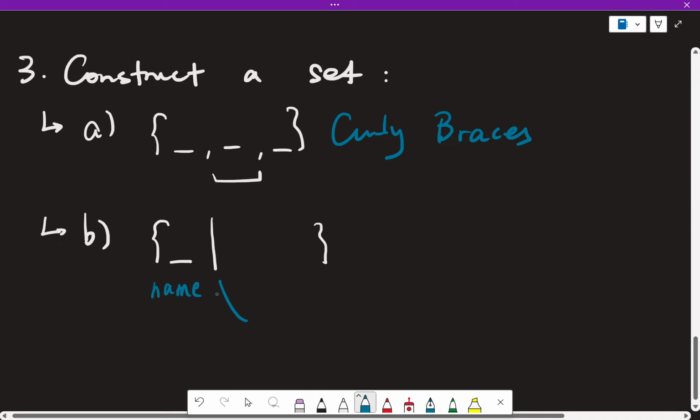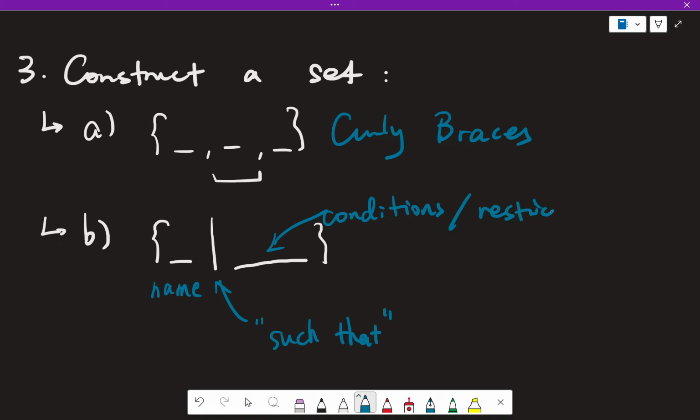The slash is called "such that", and then we put some conditions or restrictions on the variable. An example would look like this. Set A equals x, which is our variable name, such that x is greater than or equal to 2 and x belongs to the real numbers.